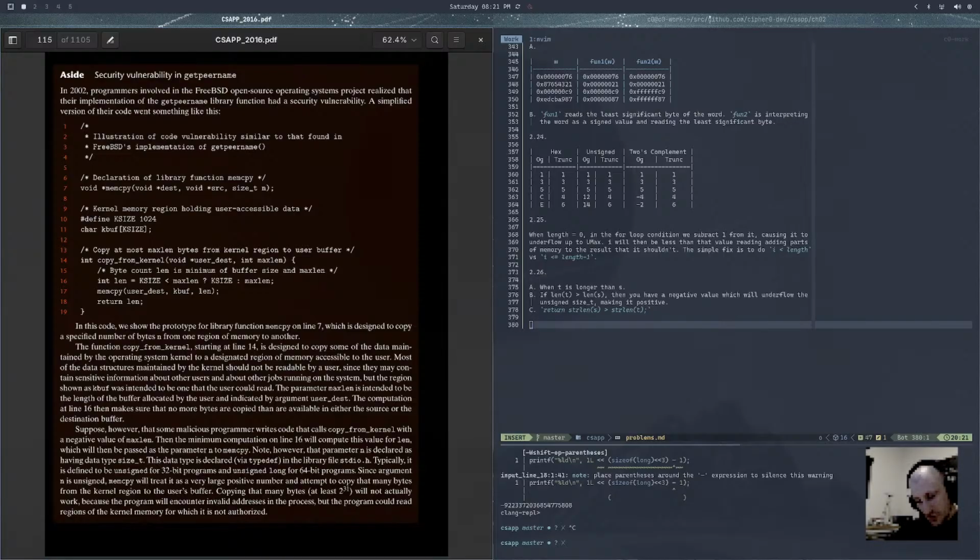So we got memcpy into destination from the source size t, where size_t is an unsigned value. Kernel memory region holding user accessible data. So there's a kernel buffer 1024. Okay. Copy at most max length bytes from kernel region to user buffer.